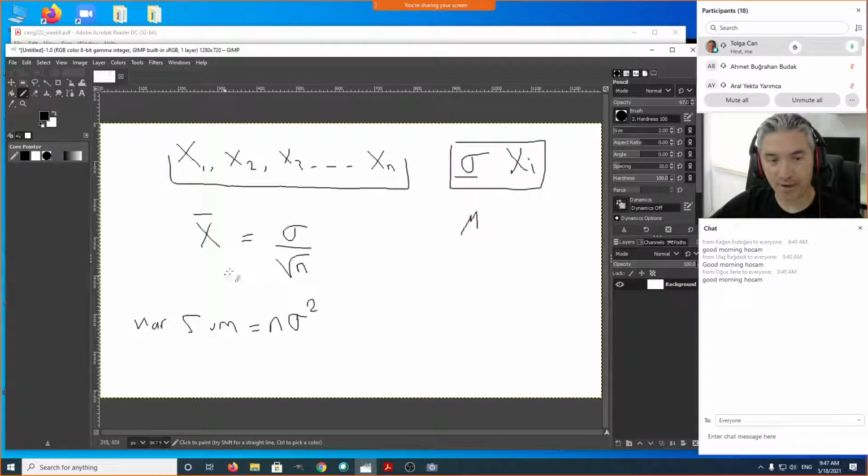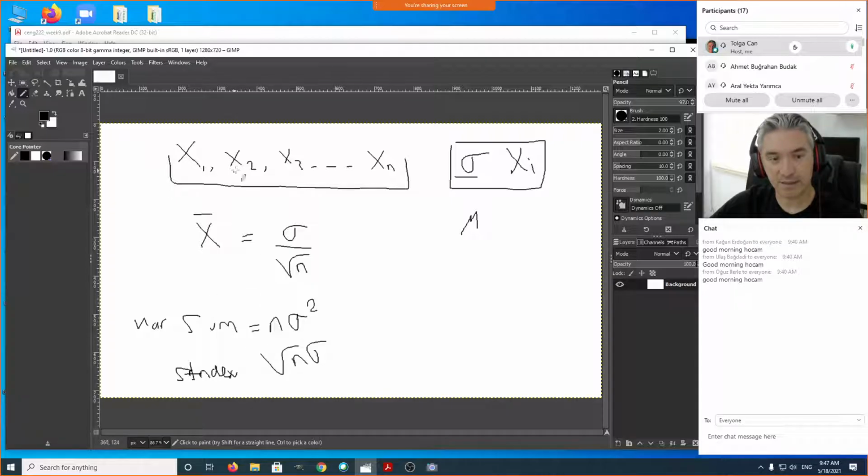And since x bar is the sum divided by n, the standard deviation of the sum is going to be square root of n times sigma, and the standard deviation of x bar is this one.